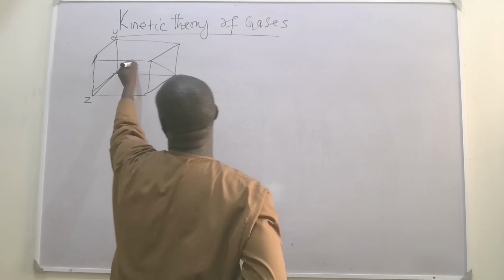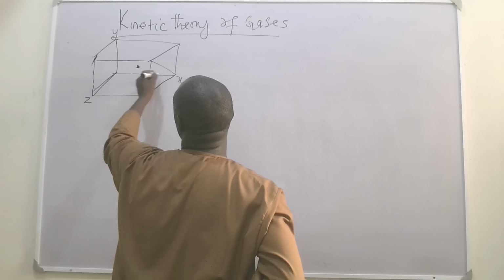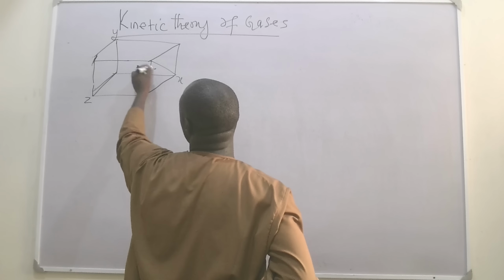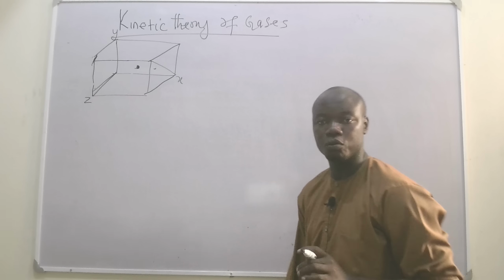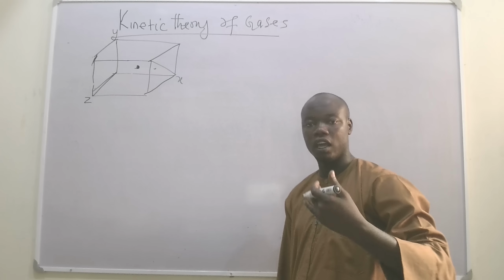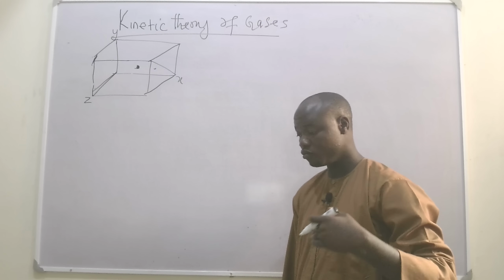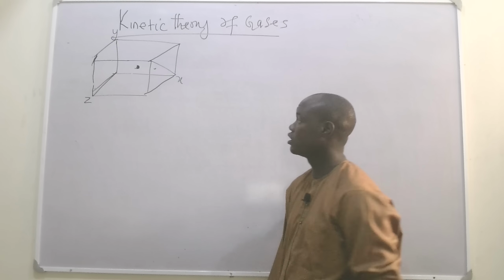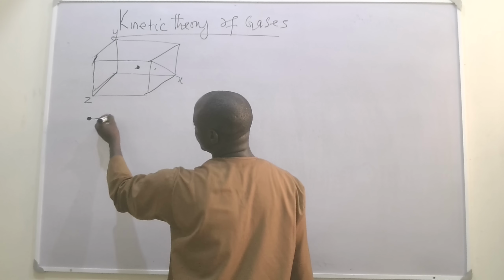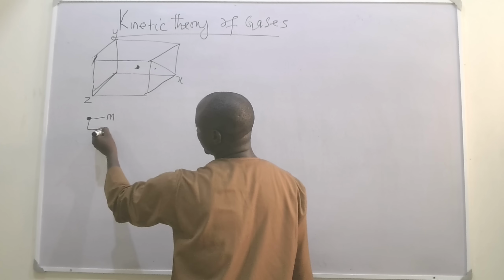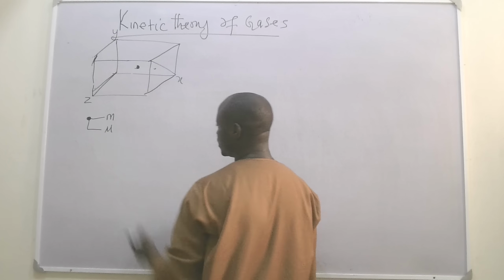Assuming now you have the gaseous molecules, each and every one of these gaseous molecules has its own mass and velocity. So let's say this is a particle, and it has its own mass and its own velocity.